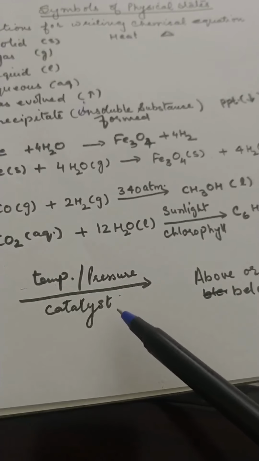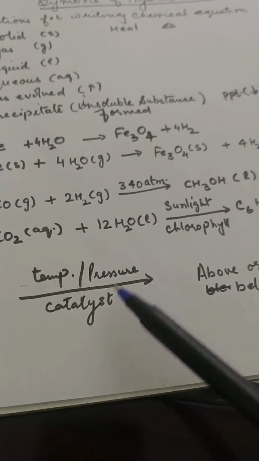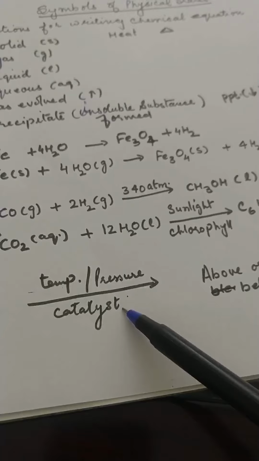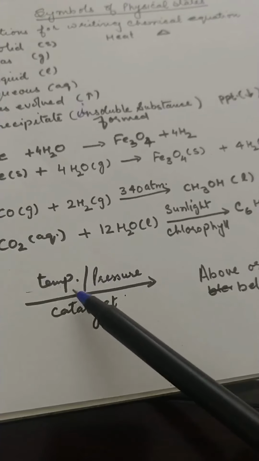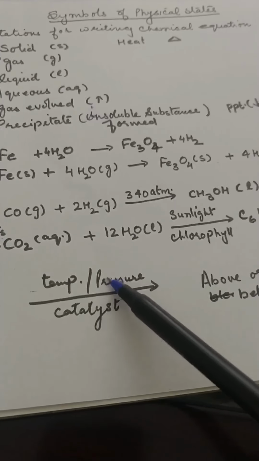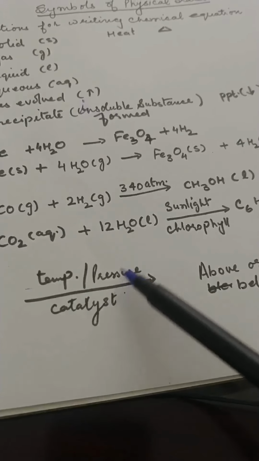So if there is a catalyst involved in a reaction, it is to be written either above the arrow or below the arrow. Even temperature, so like here pressure is mentioned, sometimes the temperature is also mentioned, like 443 Kelvin, 373 Kelvin above the arrow.